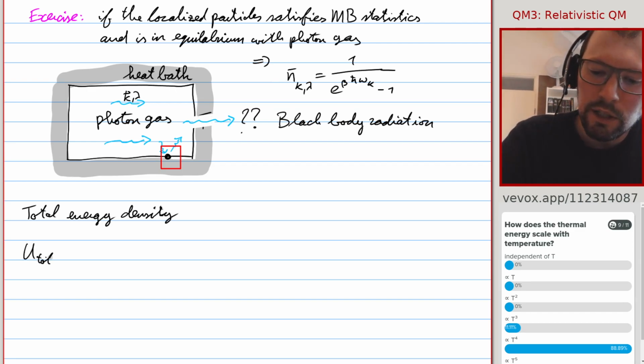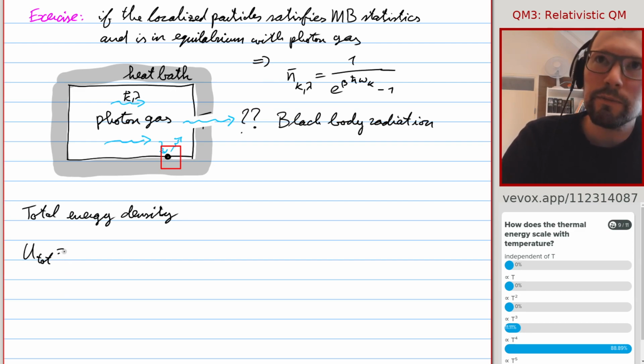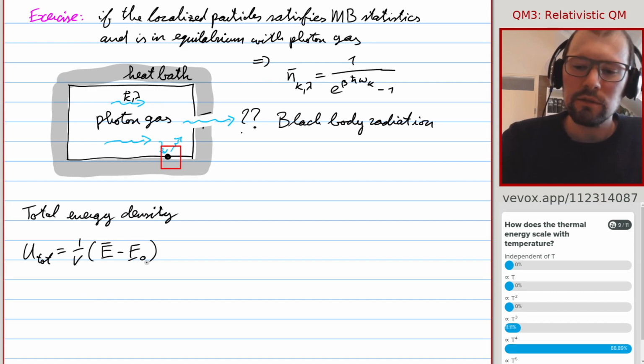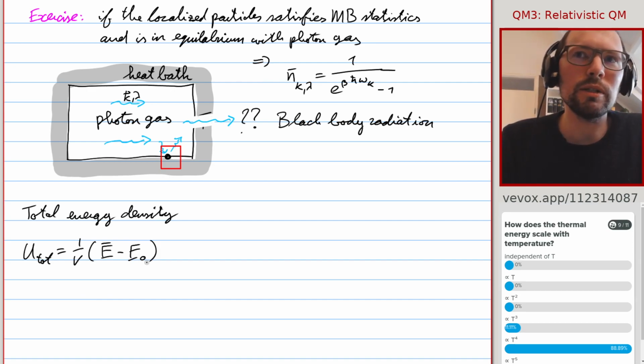Let's denote that by U total. A density, so we have to divide by the size of the box. And look at the average energy from which we extract the 0-point energy, because that is not going to come out anyway.